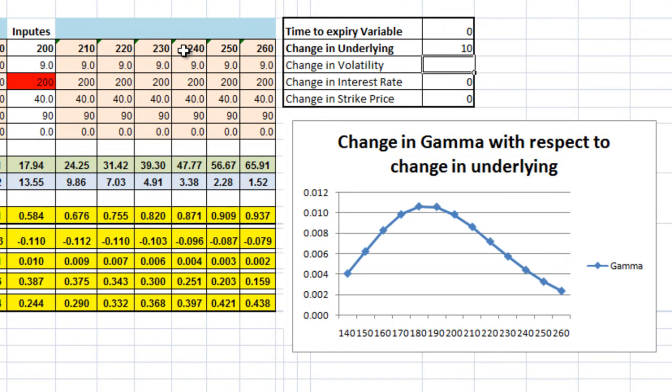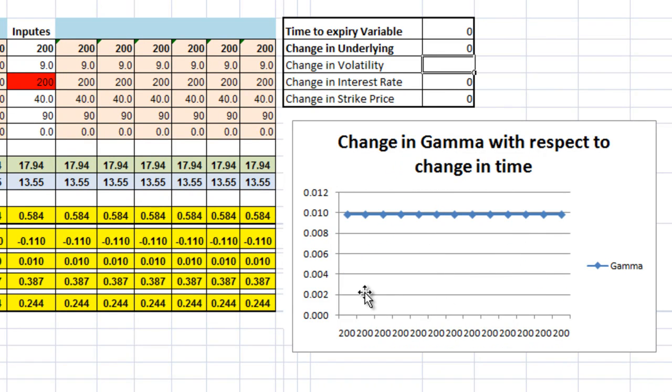What I see here is that the strike price is 200, and as the price increases, this option contract becomes more in the money. If it is too much in the money, the gamma is very low. Likewise, if it becomes too much out of the money, the gamma also becomes low. The gamma is at its highest when the underlying price is at the money or near the money.